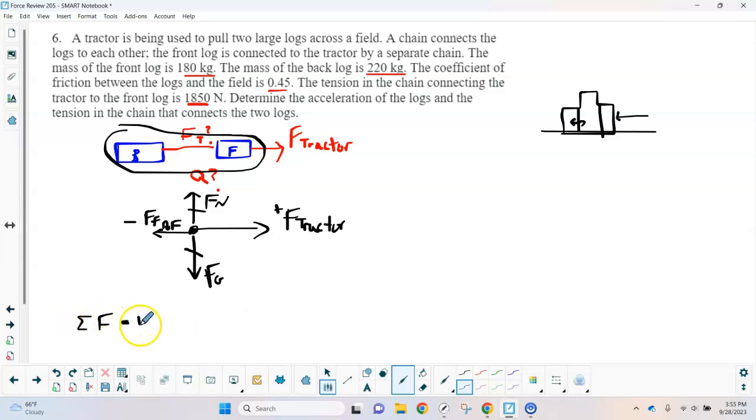So it's the force of the tractor, which is positive, and then a negative force of friction. I'm just going to leave it as FF for force of friction. We're going to have to use some values and solve for some things here to get to the force of friction, but that's okay. And we can set that equal to M times A. We are looking for A. That's what we're solving for.